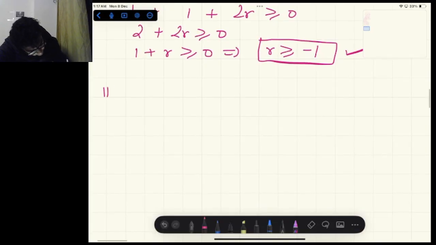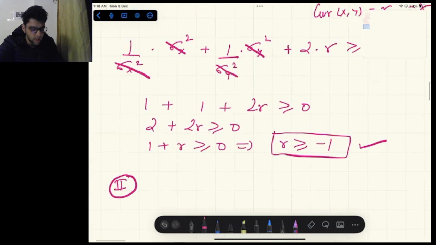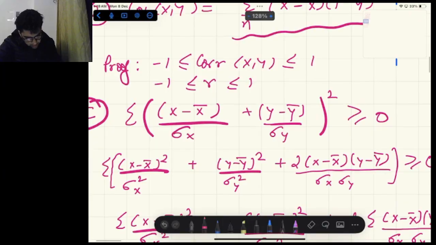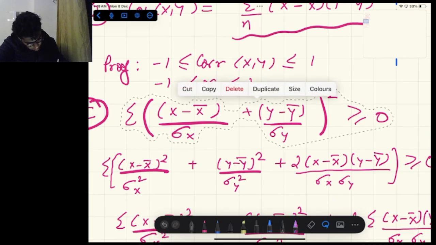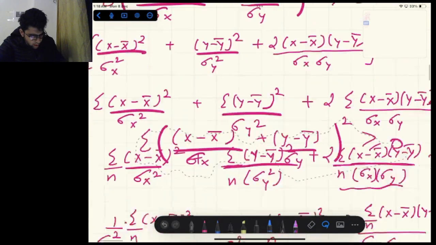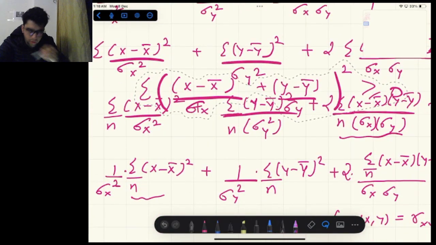For the second part of my proof, I'll be using the a minus b whole square identity. So earlier I used a plus b whole square identity, which was this term. Now I'll be using a minus b whole square identity. So let me just duplicate this once. So now I know that my correlation coefficient, which is r, is greater than equal to -1.